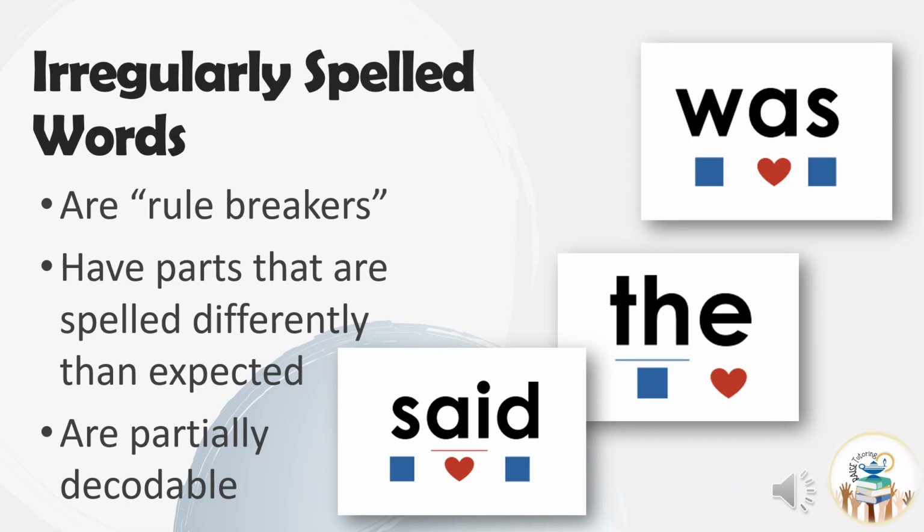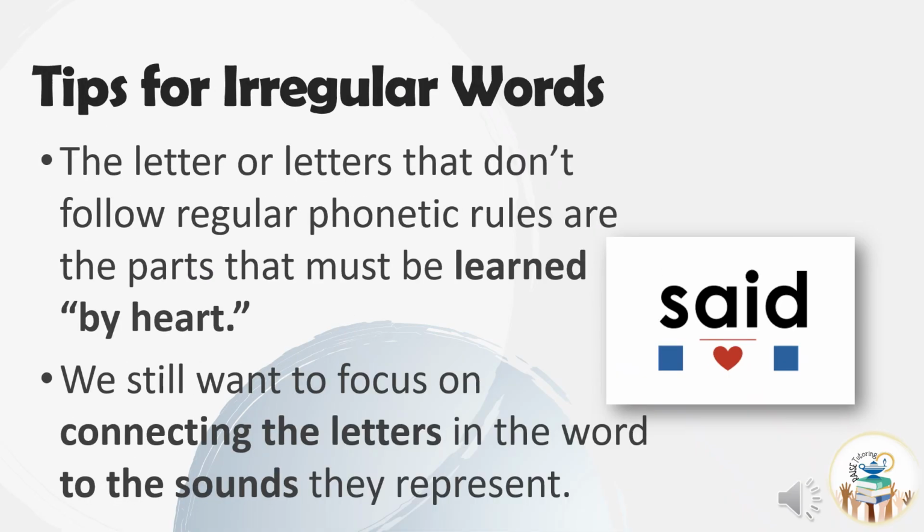Irregularly spelled words are what we used to call rule breakers, but really they have parts that are just spelled differently than what's expected. They're still partially decodable. When we're supporting kids with irregular words, we want to make sure that we draw attention to the letter or the letters that don't follow the regular phonetic rules, because those are the parts that have to be learned by heart.